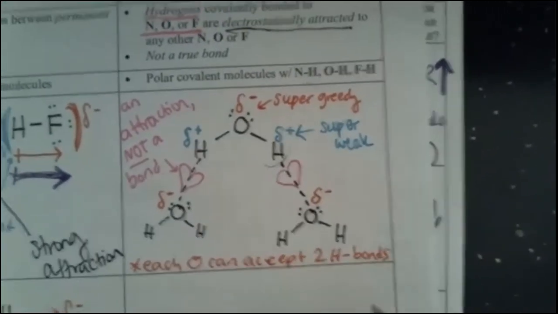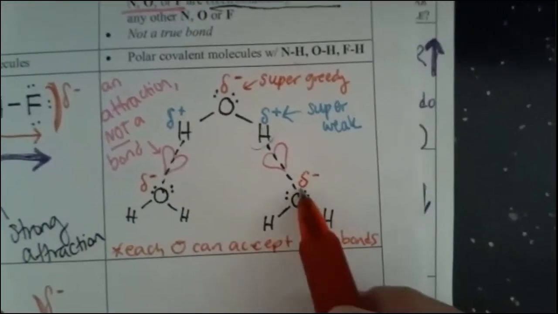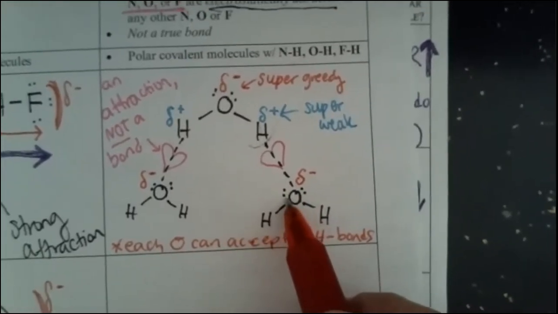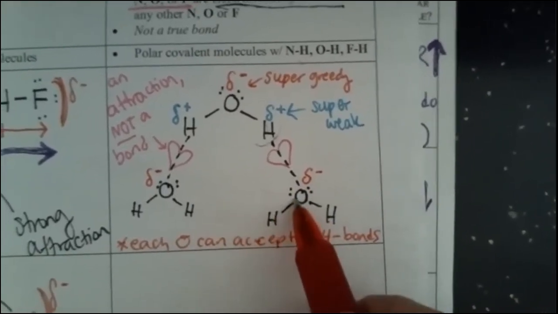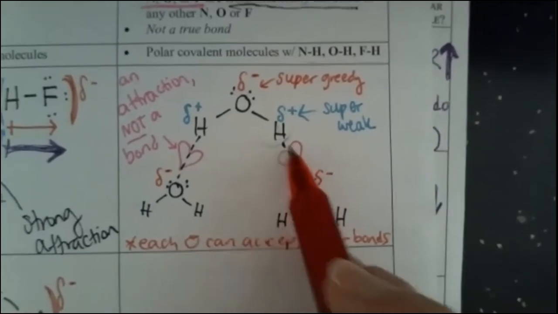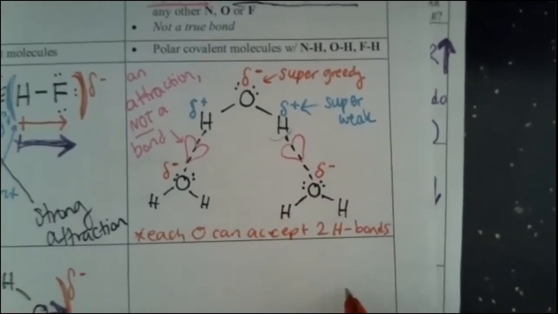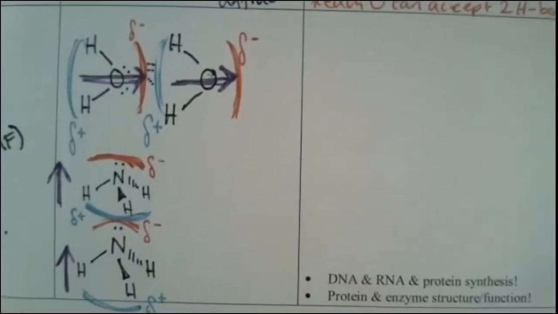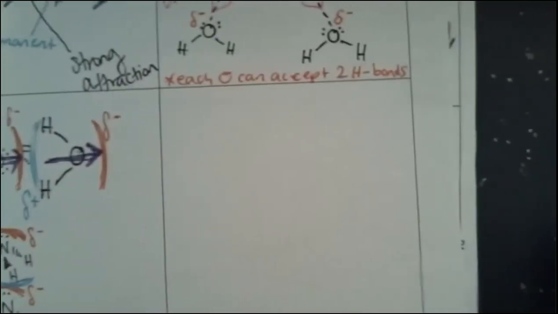You can think of it as the two lone pairs providing a negative area for a hydrogen to attract to. So 2 hydrogen bonds for each oxygen. And let's do it. I wanted to use ammonia over here, NH3, to show you the hydrogen bonding for NH3 too.